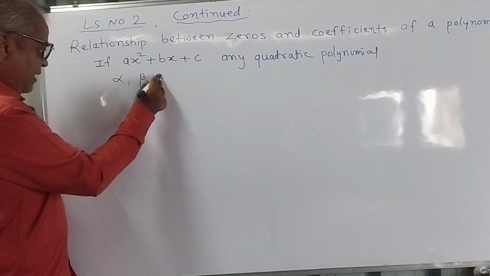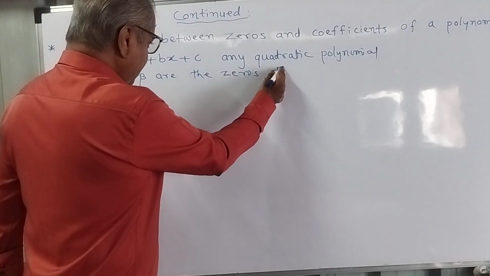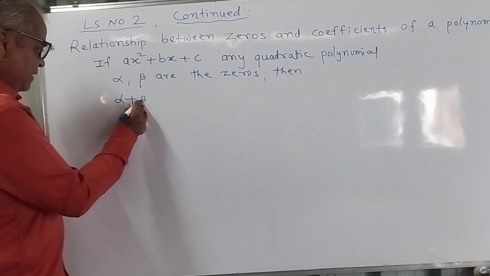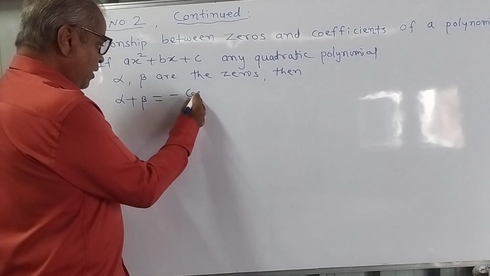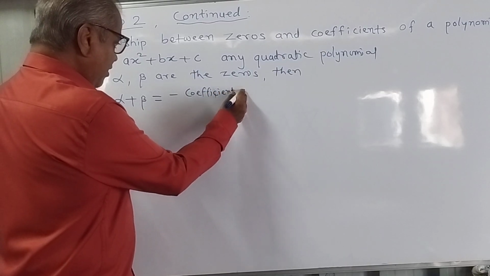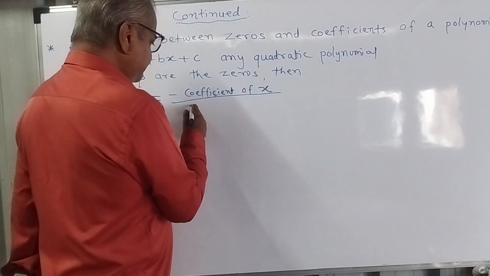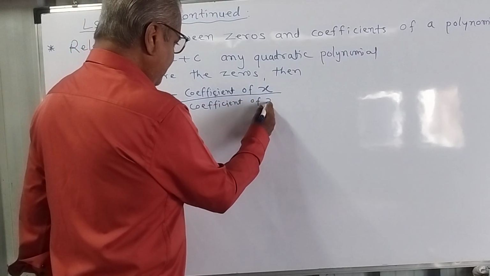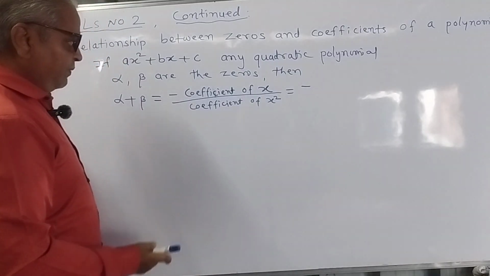alpha and beta are the zeros. Then the relation is alpha plus beta, that is the sum of zeros, is equal to minus coefficient of x upon coefficient of x square, that is minus, what is the coefficient of x here?